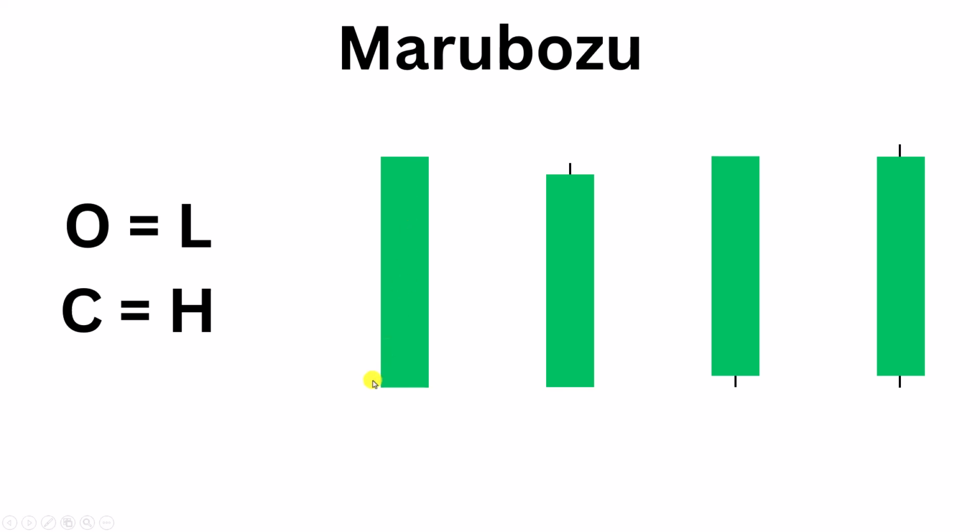Now what does this say about buyer sentiment? Buyers were so strong that they did not give sellers a chance. When the market opened here, buyers kept on pushing the price up. Sellers might have tried to bring the price down.